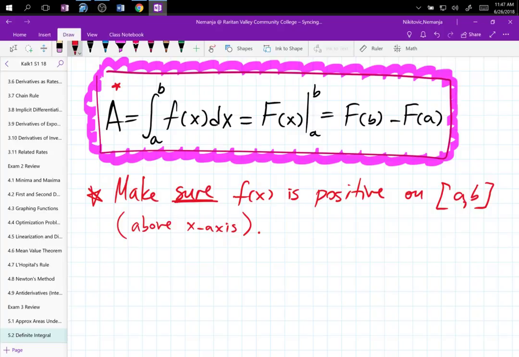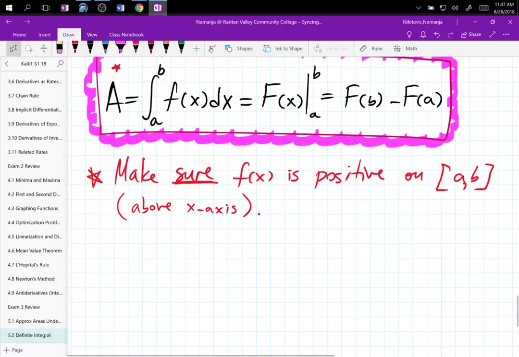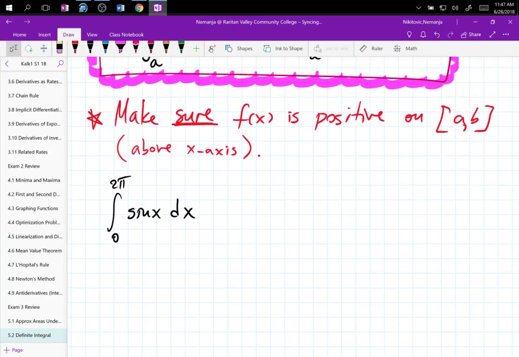Now, this is extremely important because, well, let's just do the example immediately to show why this is important. If I calculate the integral from 0 to 2 pi of sine x dx, I'm clearly calculating the area under the curve, right?